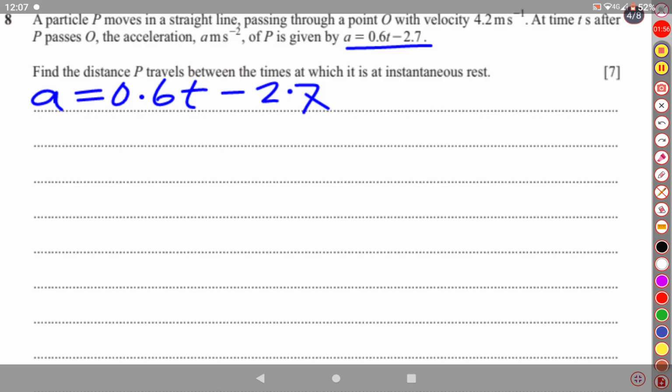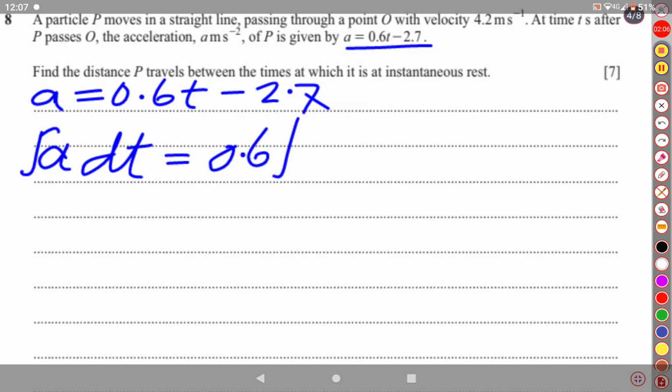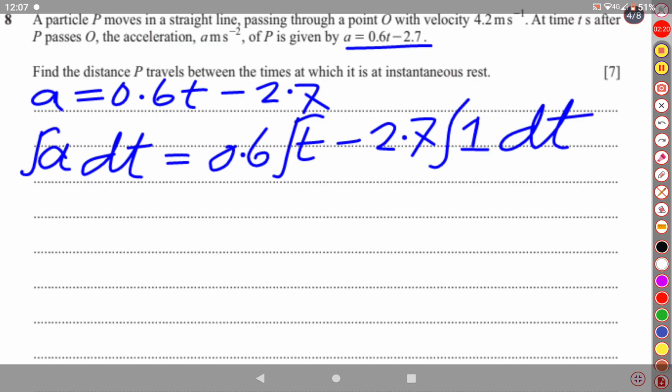So integration of a with respect to t is the integral of 0.6 t minus 2.7 times 1, in terms of dt. If we integrate acceleration, it is nothing but velocity.